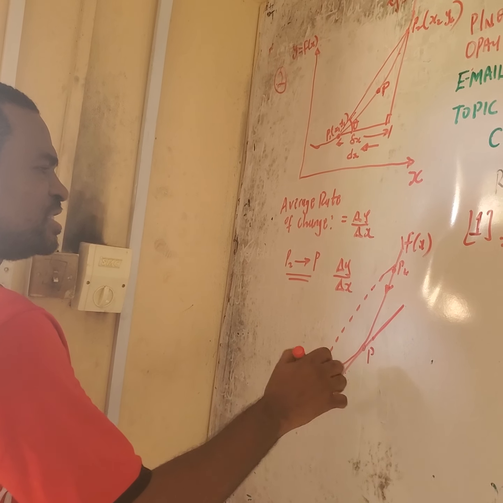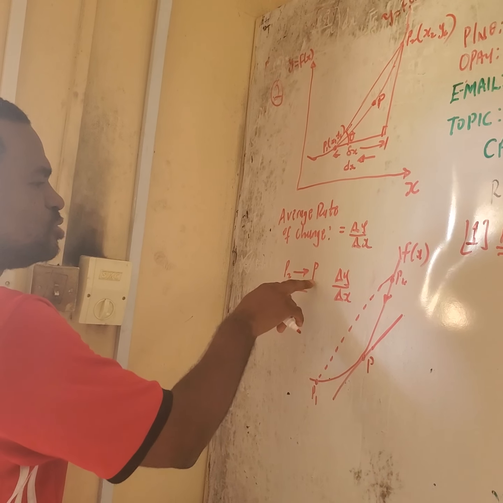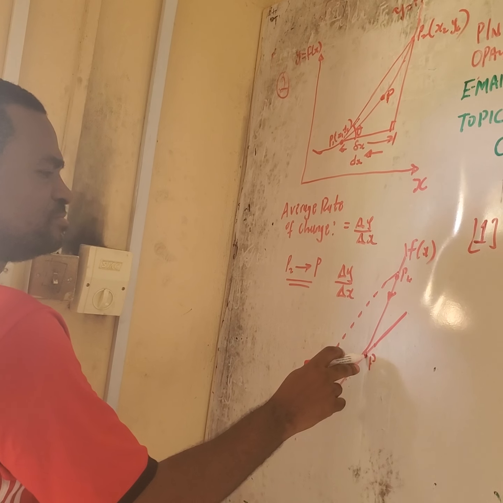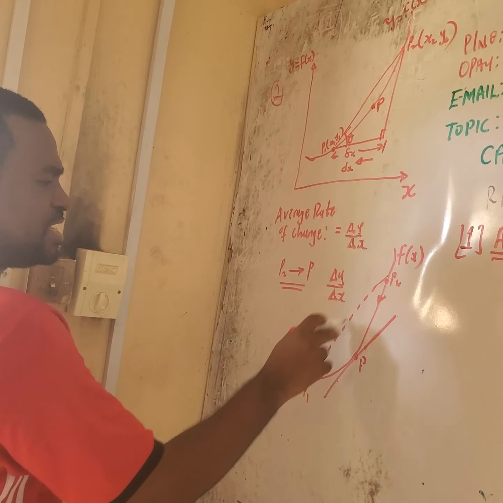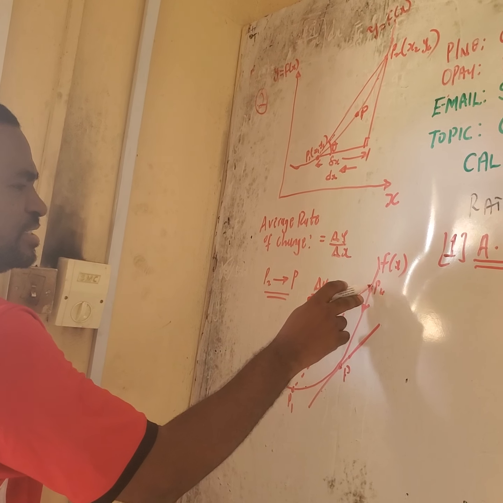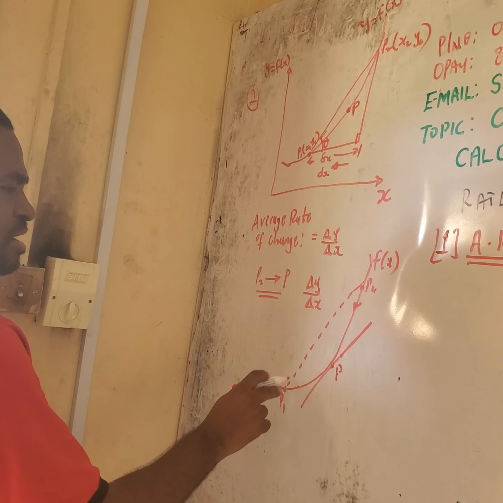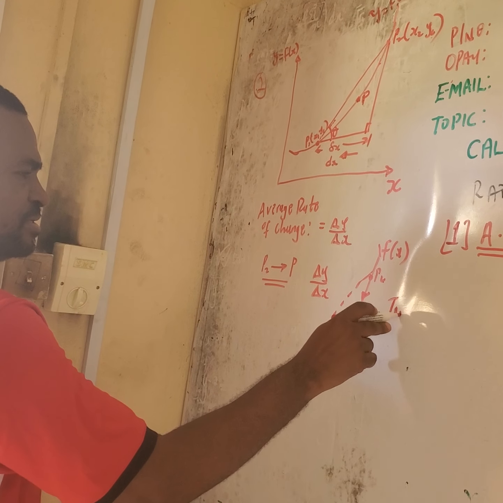So in a nutshell, like I said, as P2 moves towards this point P, this line here will become a tangent. This line here is more or less a chord. So this particular chord now becomes a tangent.